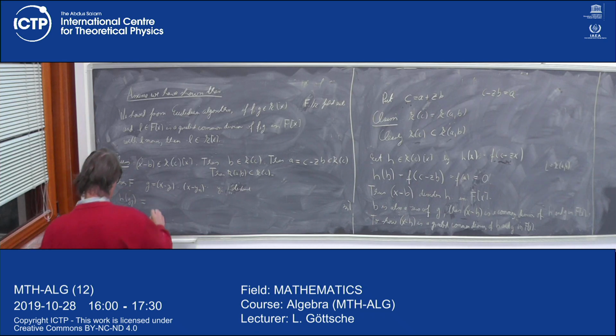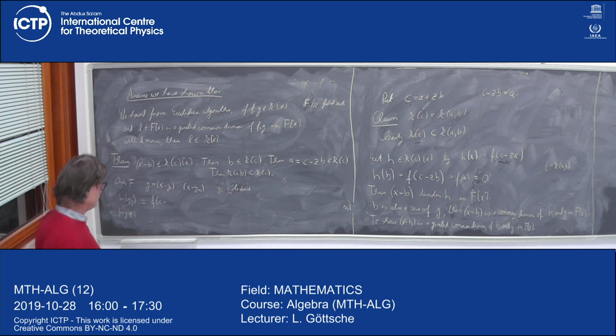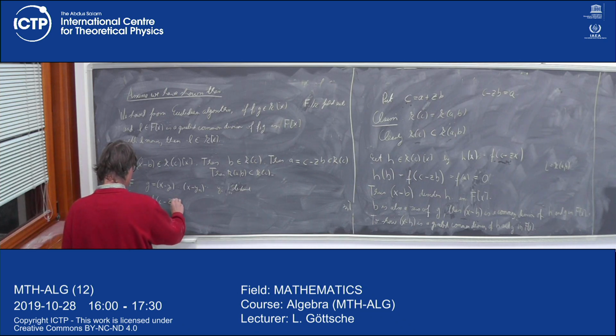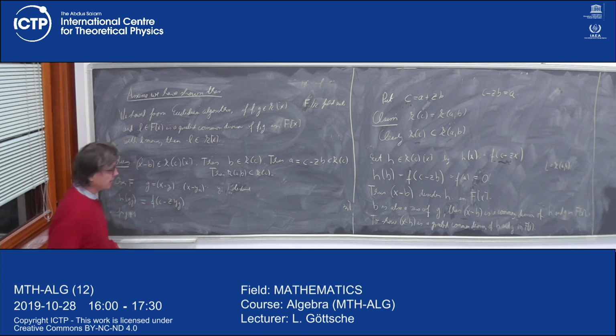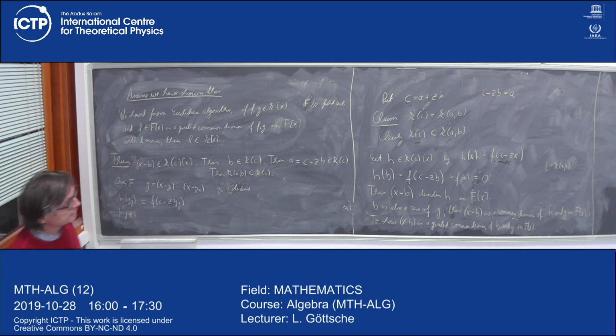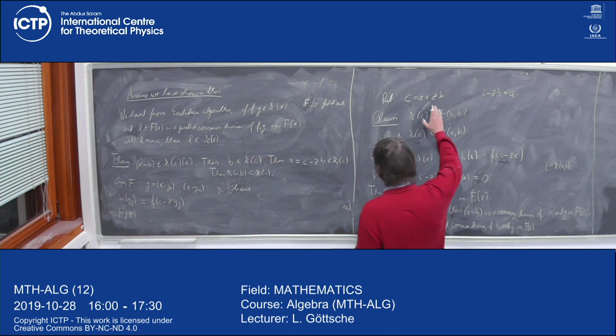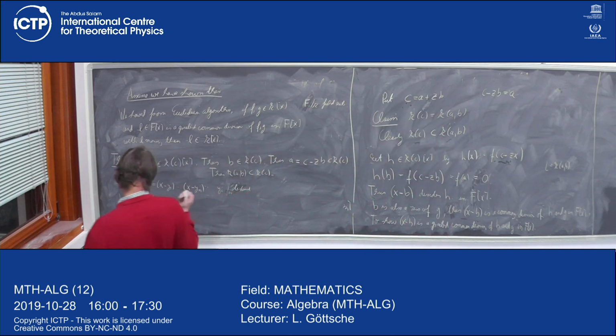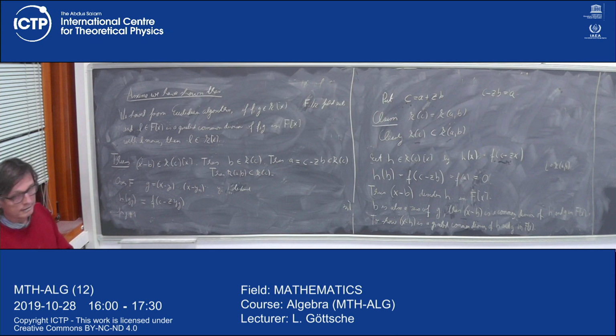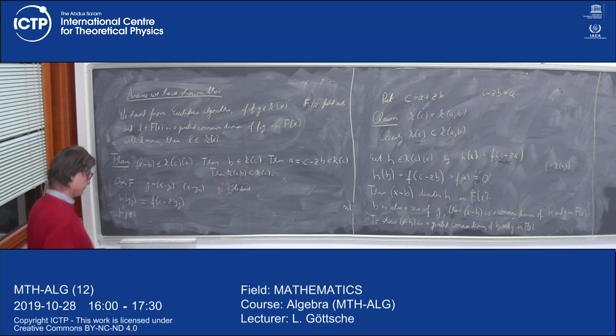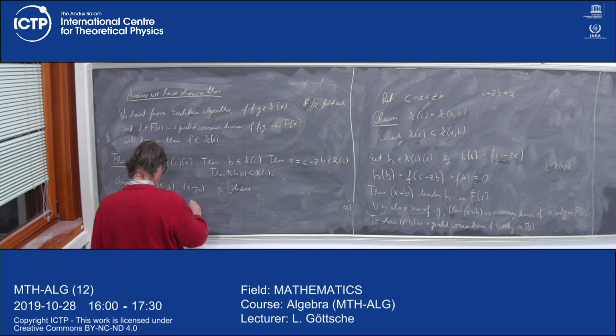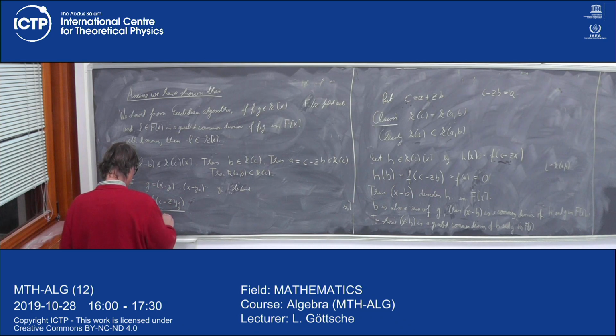This is f of c minus z times yj. And by the condition, by how we had defined this z, this is not equal to any of the xi's, so this is different from xi for all i equals 1 to n.